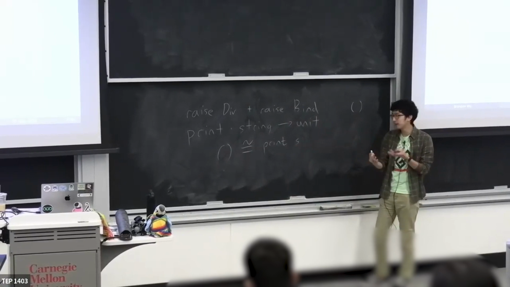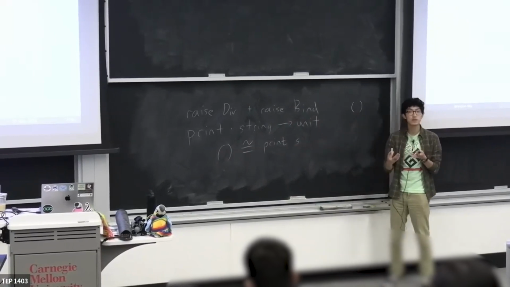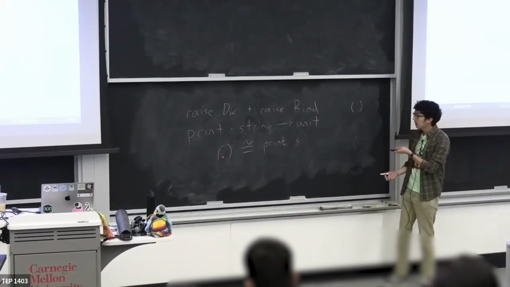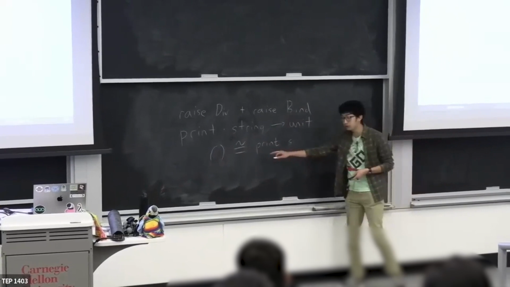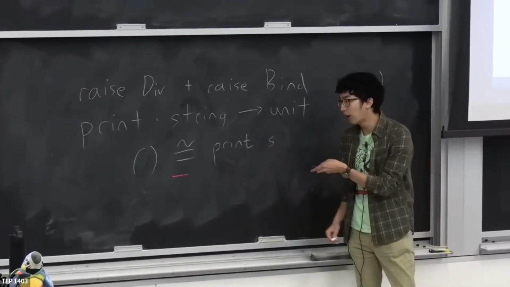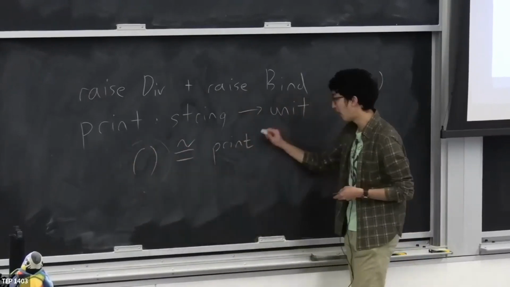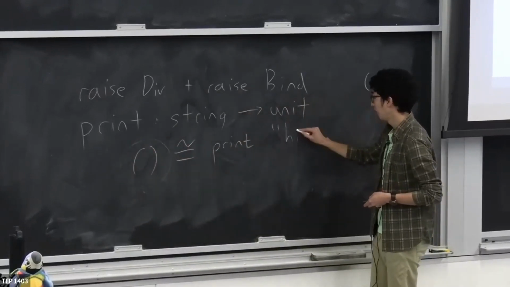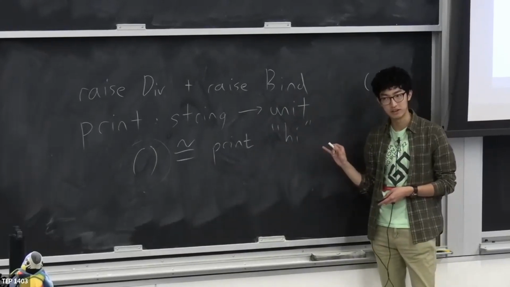Except, what do I mean by extensional equivalence? Remember, one of the big features of extensional equivalence I talked about in the first week is that I should be able to swap equals for equals. If I have two EEQ things, I should be able to replace one with the other wherever I see it. Now, if I replace every unit everywhere in my program with print of "hi", do you think my program is going to display exactly the same behavior observationally?